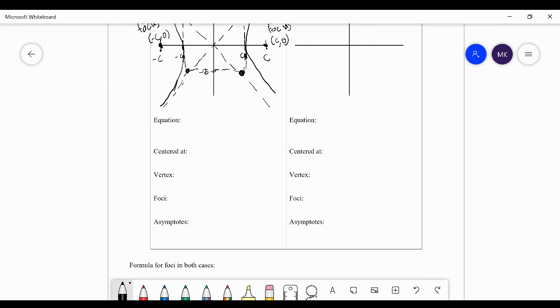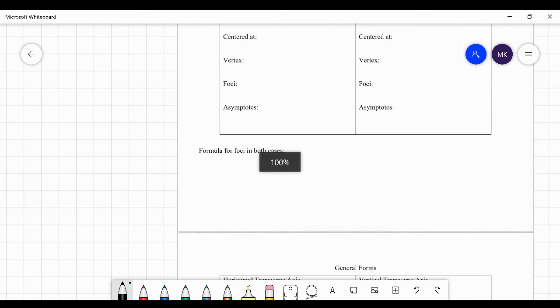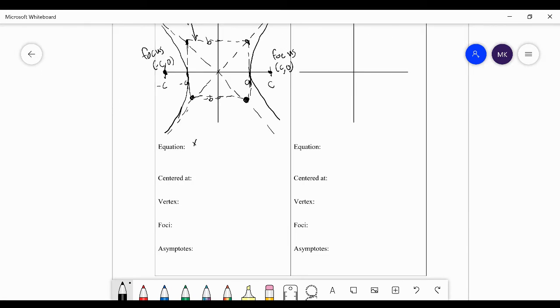So the equation for this, because it's centered at the origin, is just going to be x squared over a squared minus y squared over b squared equals 1.